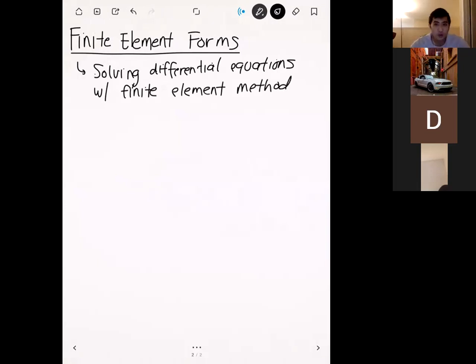The reason we're doing this is to give you an idea of what are the capabilities underneath ANSYS, right?